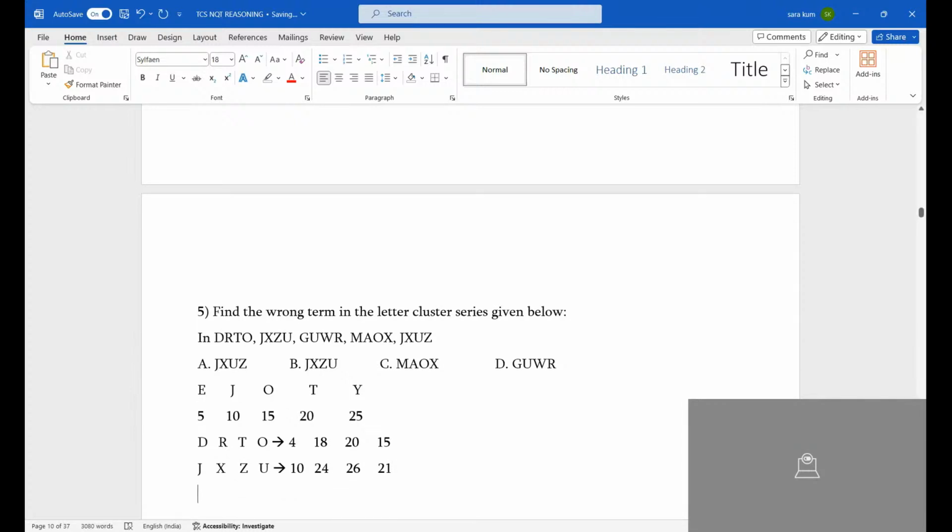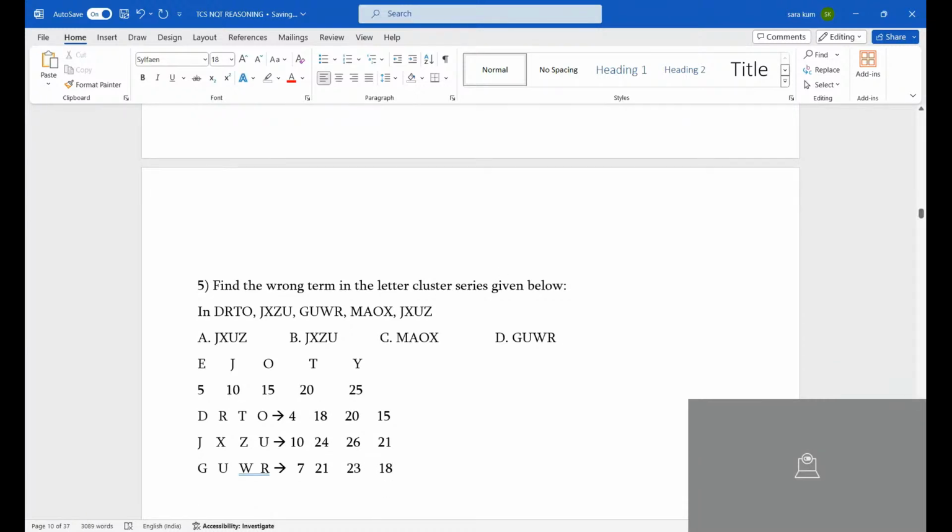Now, the next set of letters is G, U, W, and R. G is 7, U is 21, W is 23, and R is 18. Okay, and we'll go to the next one, MAOX.